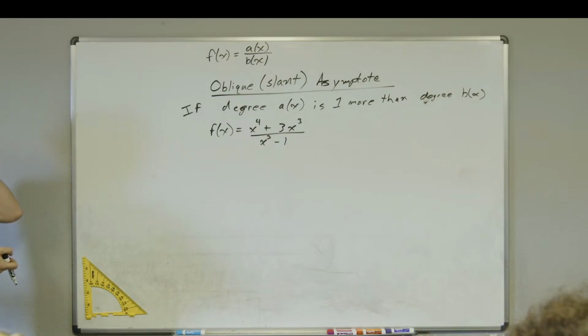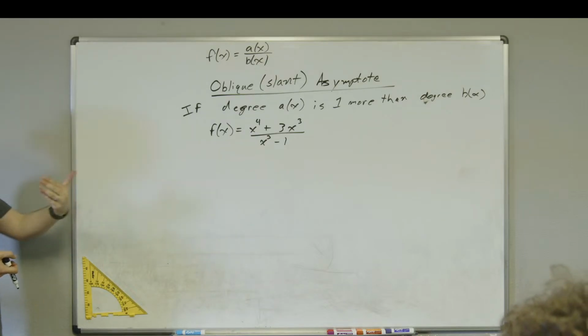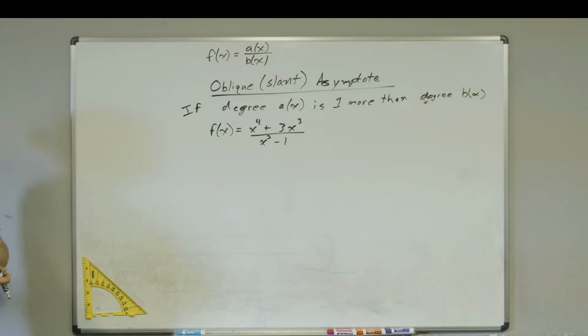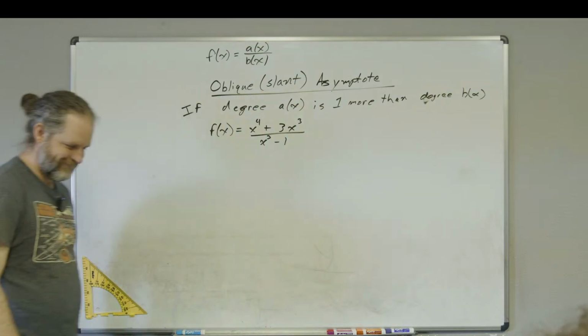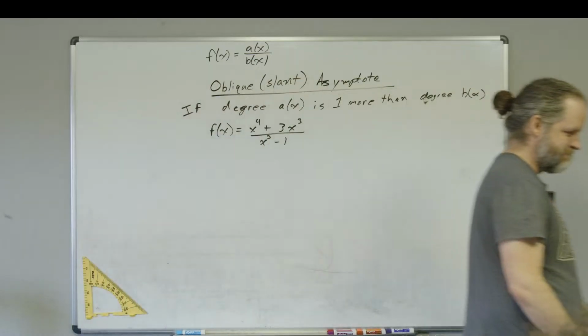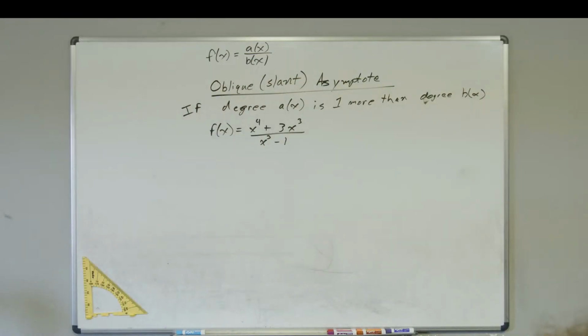Okay, so does it have a horizontal asymptote? Yes or no? How do we know whether it has a horizontal asymptote? What's the degree of the numerator? 4.